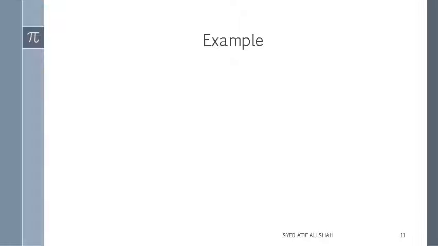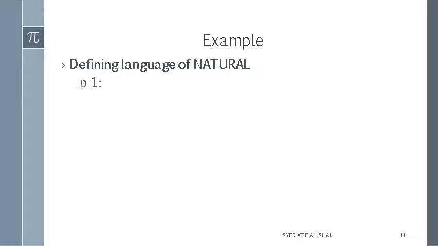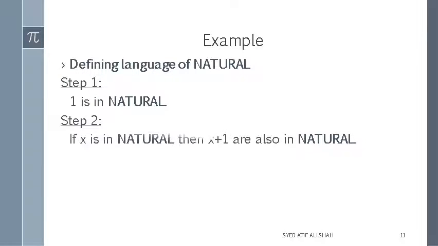Now we will explain it using a simple example. First of all, we will take the set of natural numbers. So, defining a language of natural numbers. Step number 1: 1 belongs to the natural numbers. Step number 2: if x is a natural number, then x plus 1 also belongs to the natural numbers.